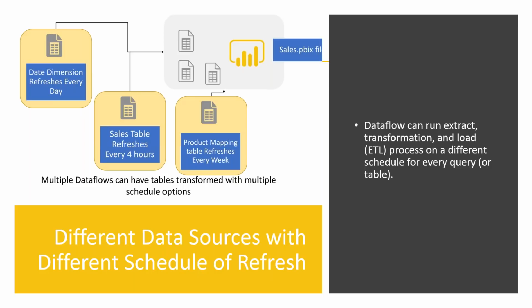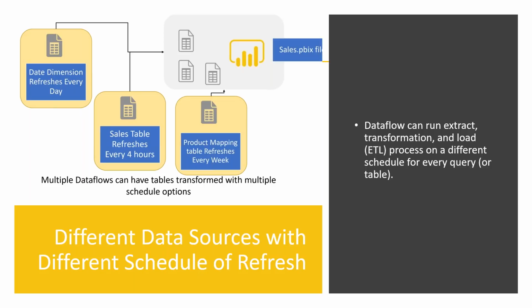For example, you want your fact sales table to be refreshed every 4 hours, but your date dimension table every day, just to update what is today's date and some other stuff, right? So that's every day. And a product mapping table, which is updating every week.